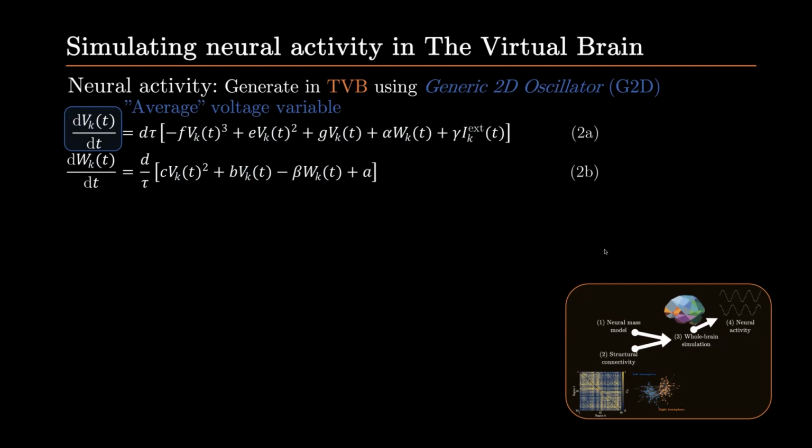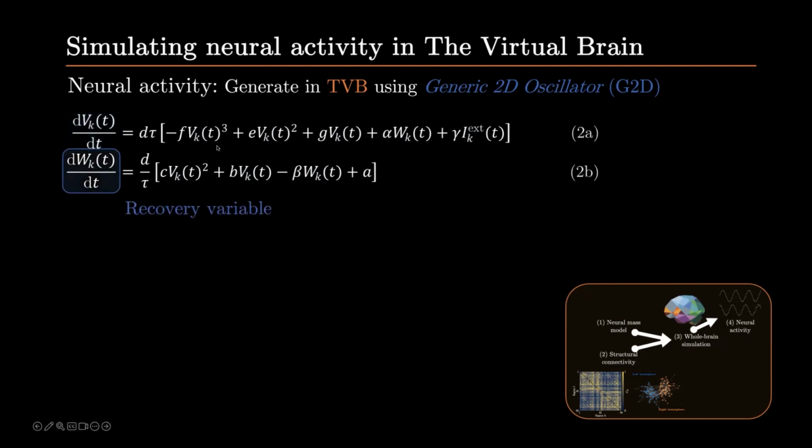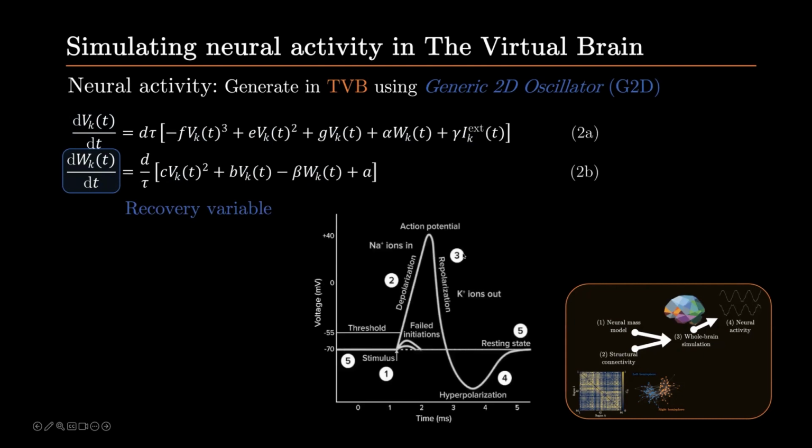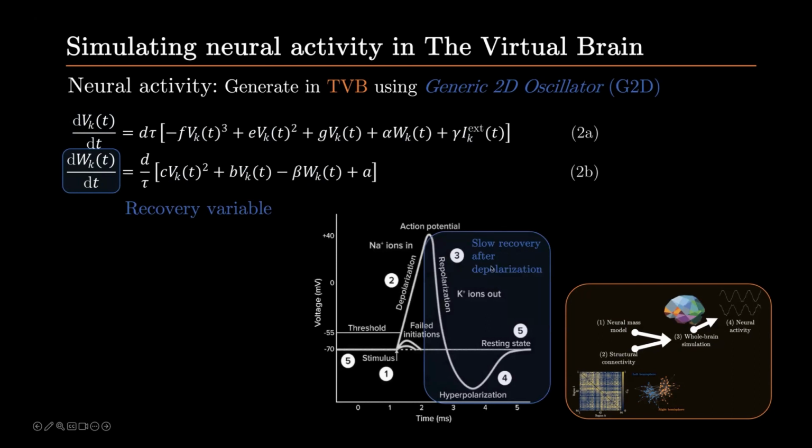I say "average" in quotation because this is a phenomenological model, so it's not an actual average. Then we have some recovery variable. This recovery variable models the slow recovery after depolarization during an action potential.